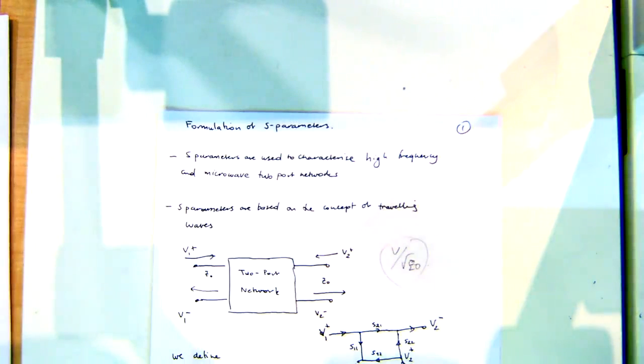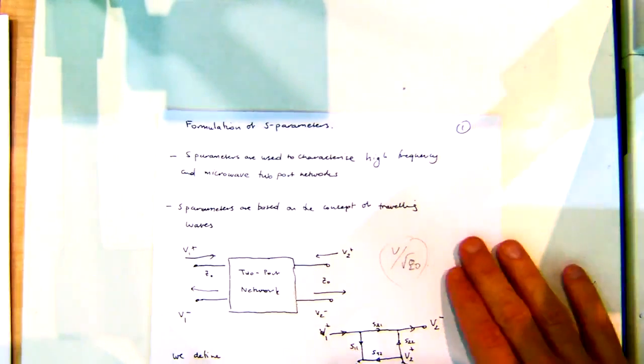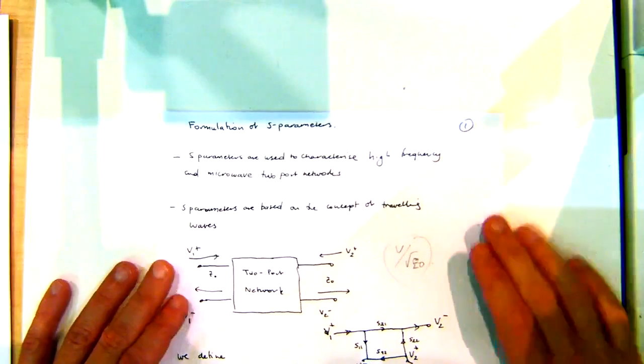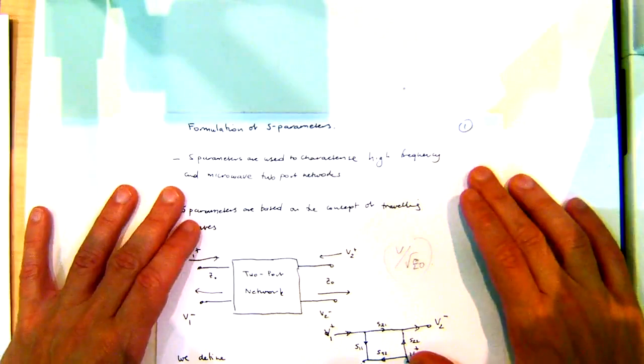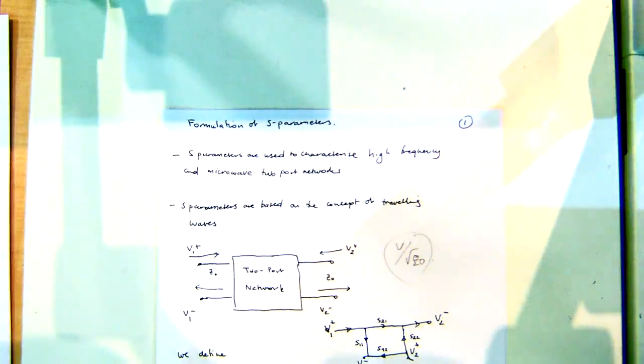Therefore when you square it, it's V squared on Z, or V squared on R, which is power. Cool. So S parameters allow us to characterize high frequency two-port networks.